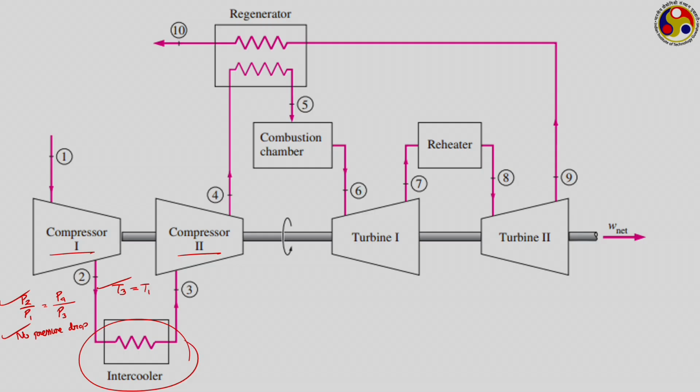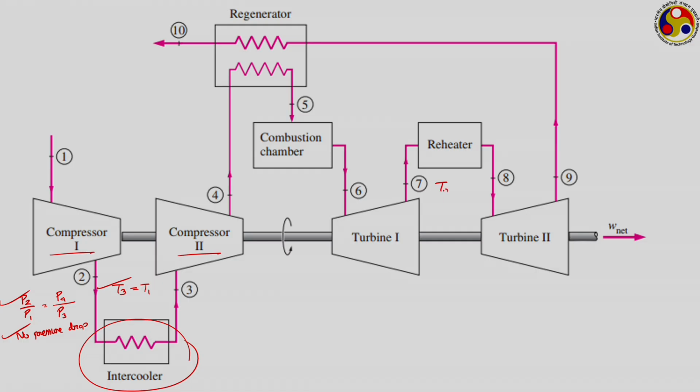Now, the air coming out of the compressor with temperature T4 goes to the regenerator, where it gains energy from the exhaust gas and enters the combustion chamber with temperature T5. The exhaust from the combustion chamber first goes to turbine 1, and the exit from turbine 1 is supplied through the reheater, where it is energized again, quite similar to the intercooler.